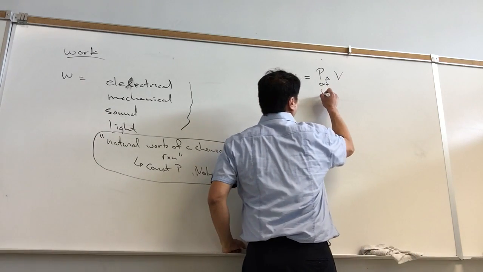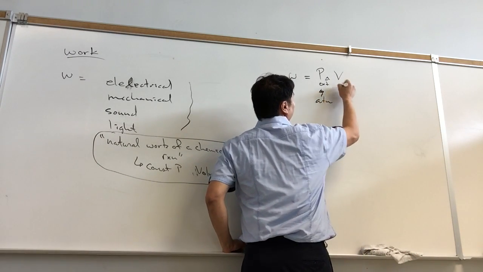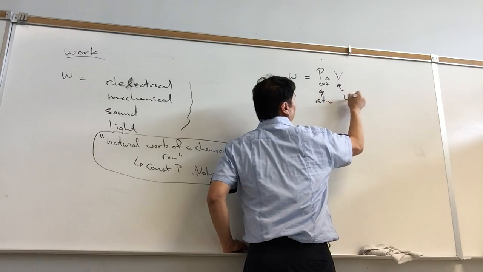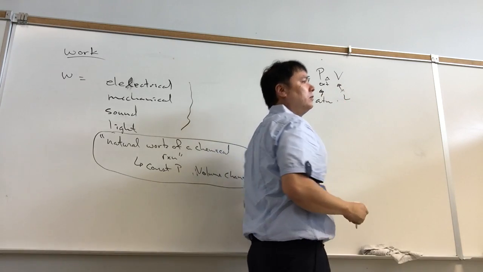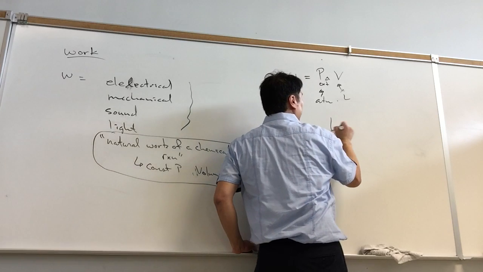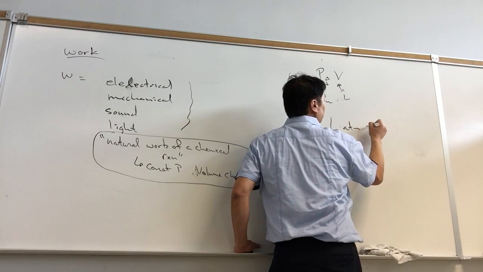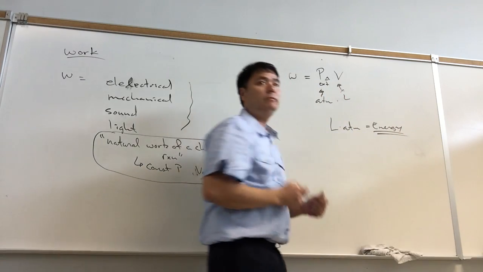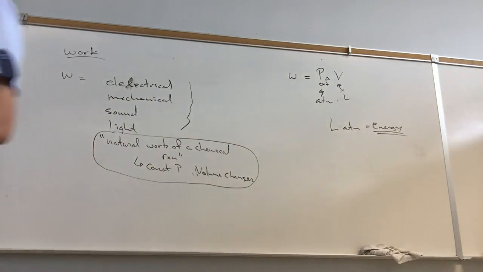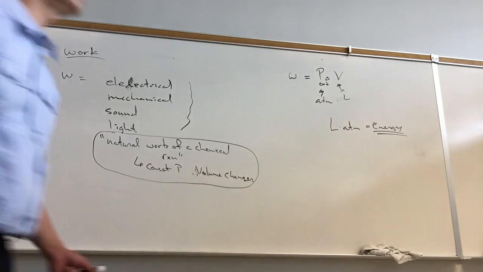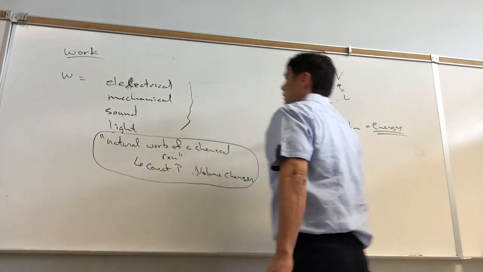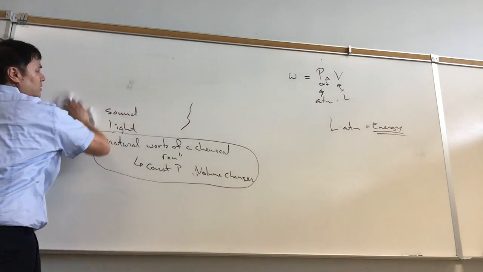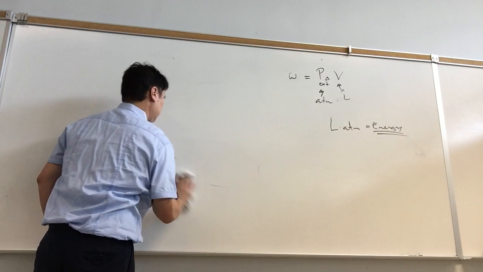P is normally in atmospheres. Delta V is normally in liters. And so a liter times an atmosphere is energy. Normally we don't think of liters times atmosphere as being energy, so we got to relate liters atmosphere to joules. So the first thing we're going to do is figure out the relationship between liters atmosphere and joules.